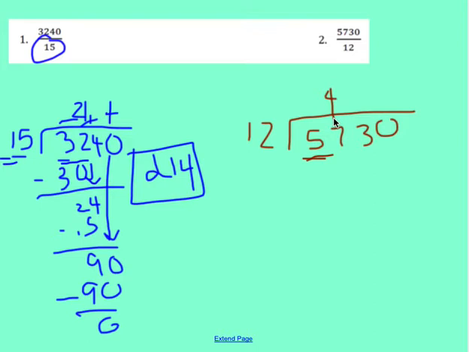So I'm going to multiply 12 times 4, which is 48. Then I'm going to subtract those out. 57 minus 48 is going to give me 9. So next I want to bring down the 3. So then I have 93. So I want to figure out how many times 12 can go into 93. And that's actually going to be 7 times.